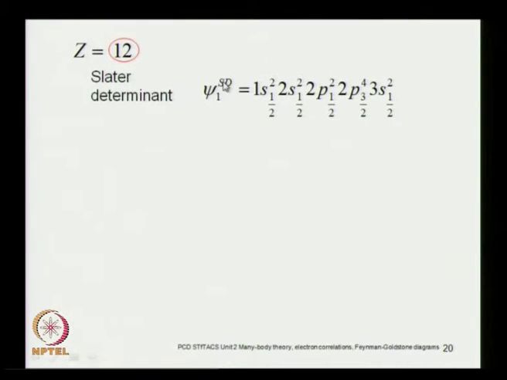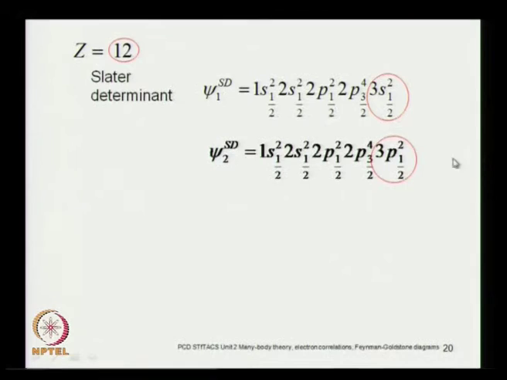The superscript SD stands for the Slater determinant, and this is the Slater determinant which I call Slater determinant 1, which I write as a subscript, in anticipation of the fact that we will have Slater determinants 2, 3, 4, and so on. How far can you count?